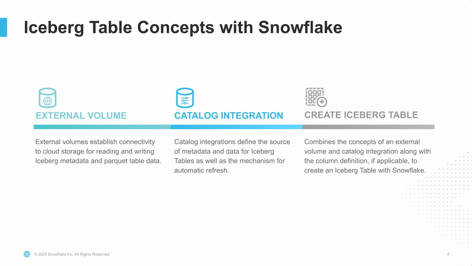And once we have the external volume created, we could define the catalog integration as a way of making sure the data in your external cloud storage location and the Iceberg table remains in sync, in the sense it's automatically refreshed and kept in sync. Now, in this case, we are using AWS S3 for our cloud storage and Snowflake as a catalog integration. And once we have these two, we could create an Iceberg table.